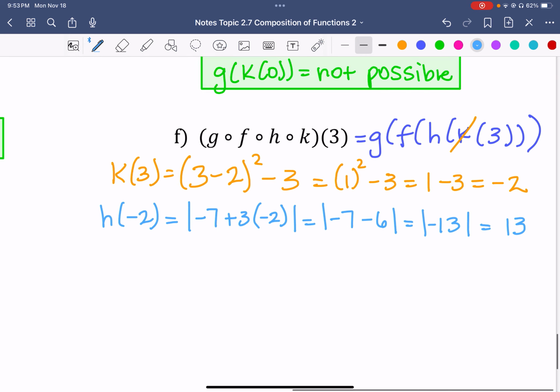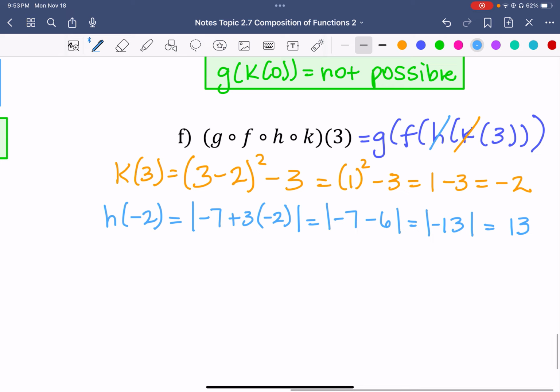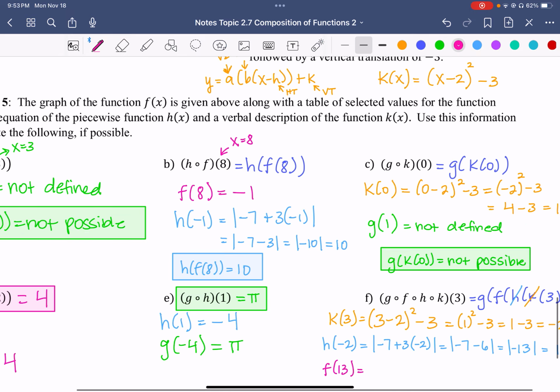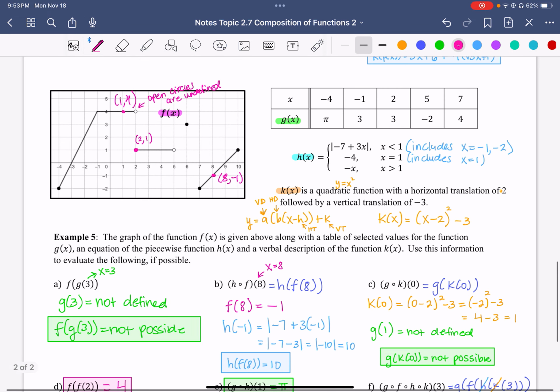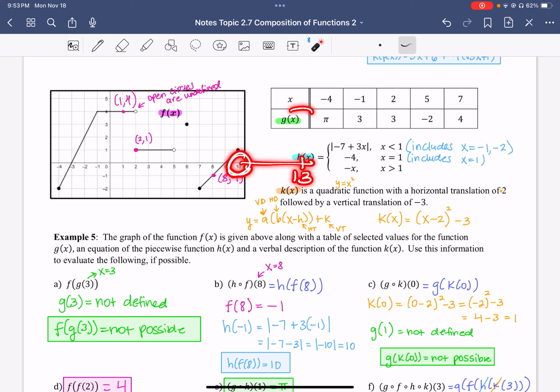So now that we've done h, I can move on to f. So f of 13. So now I'm going to go to the graph of f and find x is equal to 13. But I run into a problem because my biggest x value is 10, and they're asking me about 13, which I can't see on this graph because they stopped it at 10.